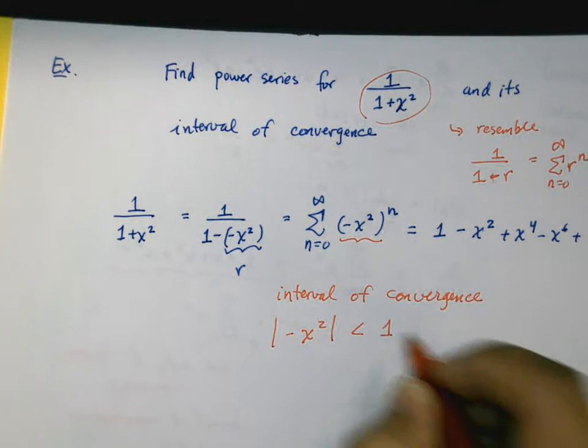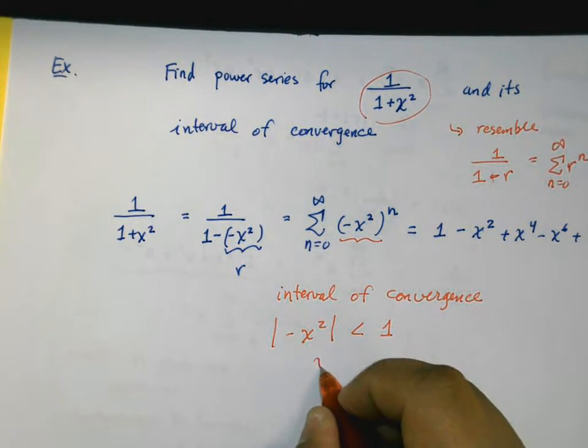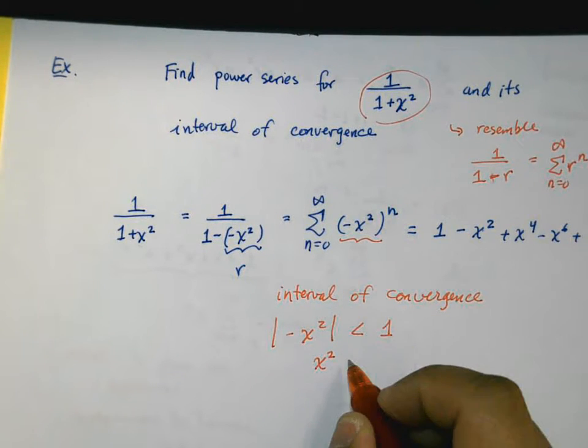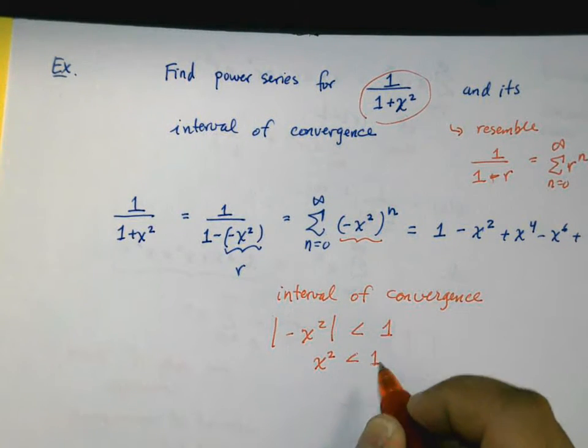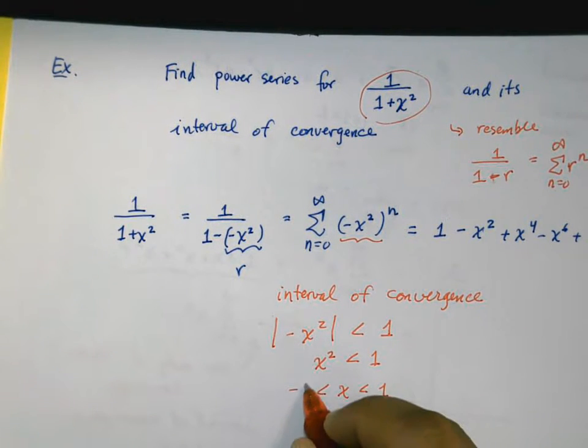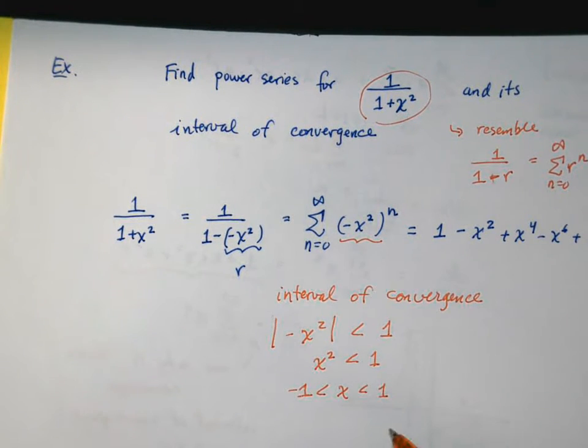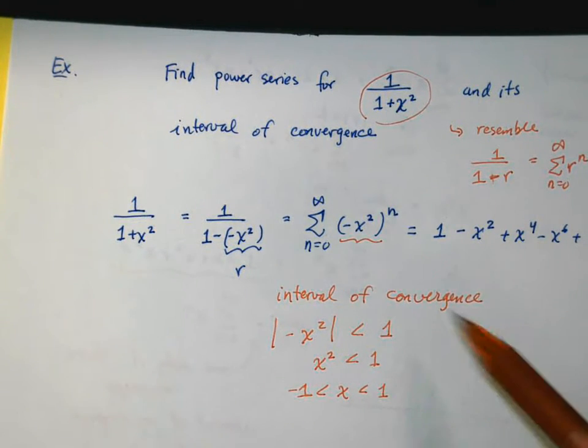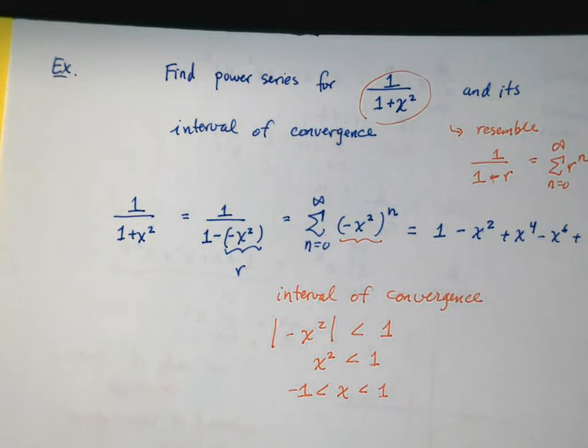Take the absolute value away, you get that x squared has to be less than 1, so this is just another way of saying that x has to be between 1 and negative 1. At the endpoints, this will not be true, so we can leave it right here as strictly less than or greater than. Okay, so there we go. Nice example here of manipulation of a power series.